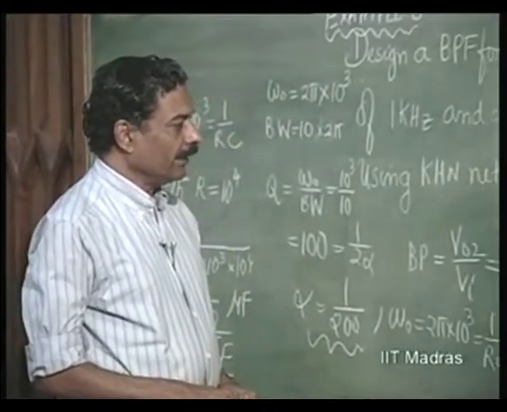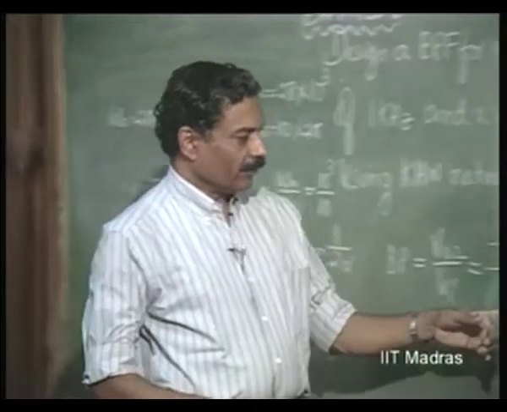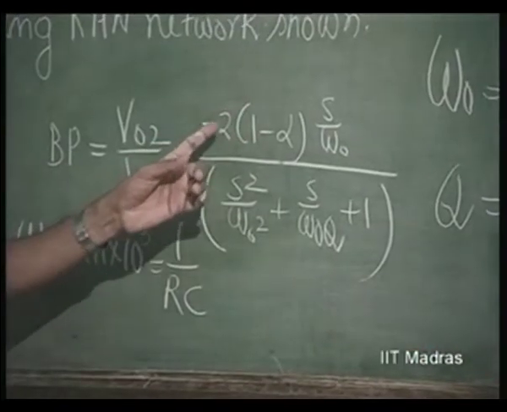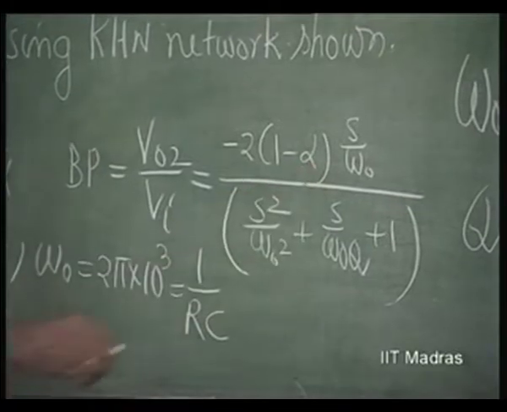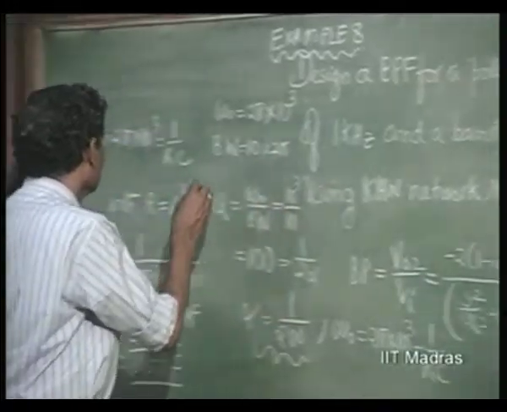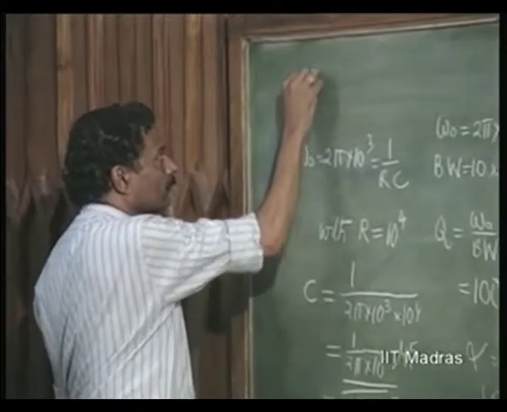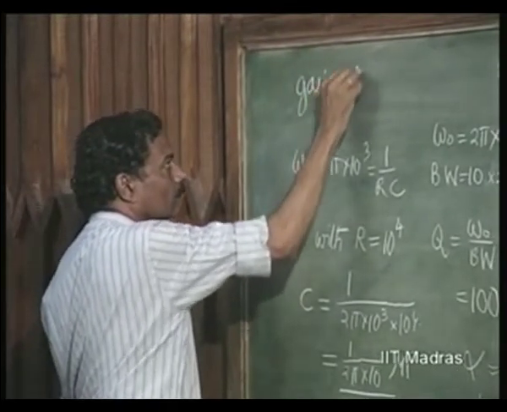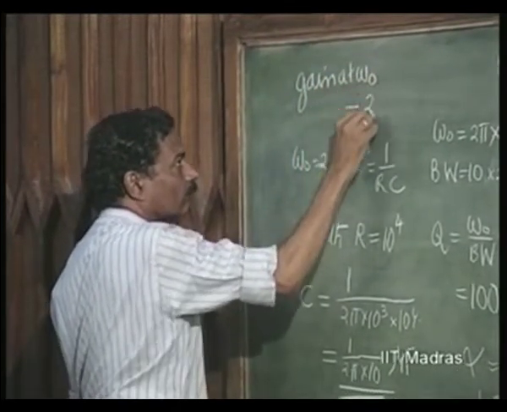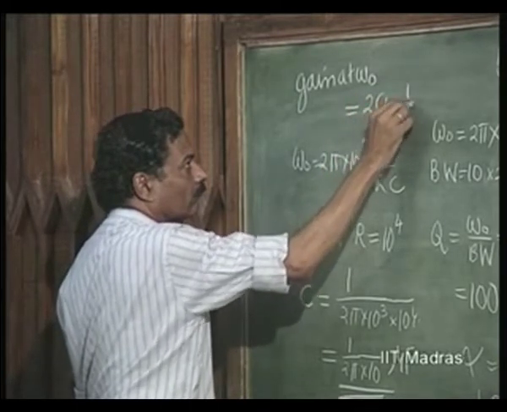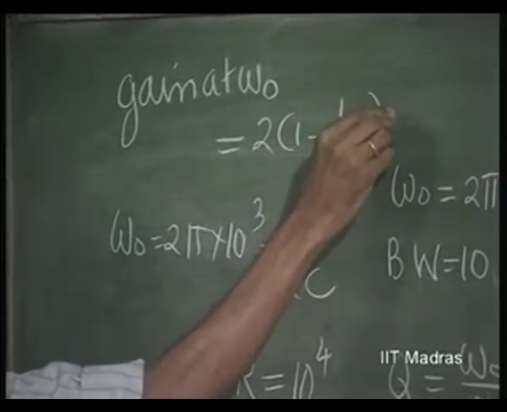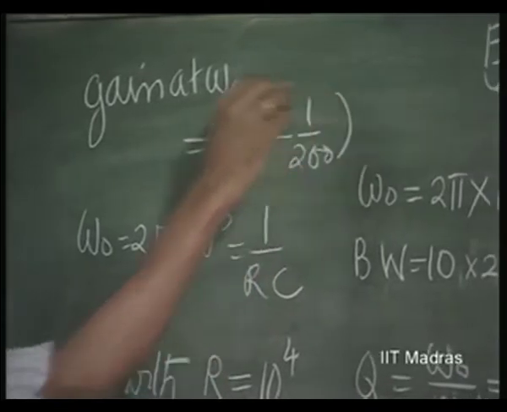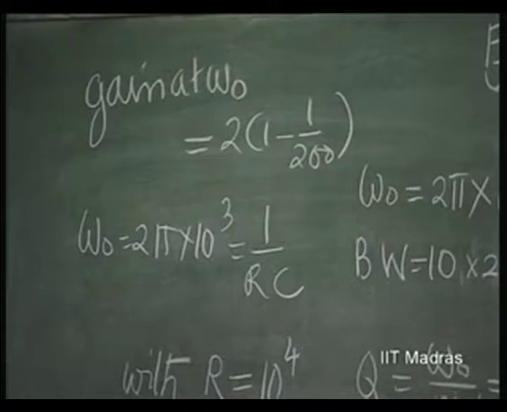What will be the gain at center frequency? You can obtain that, it will be Q into 2 into 1 minus alpha, right. So, the gain at center frequency is one by 200 into Q, that is, what is the value of Q?